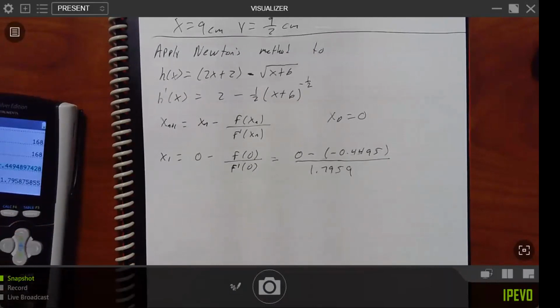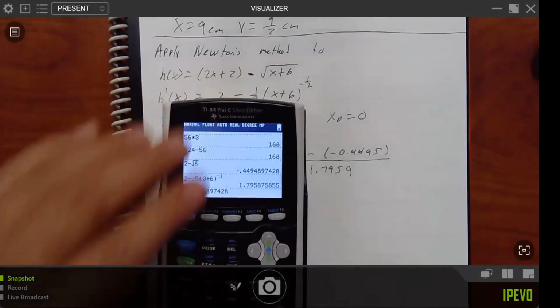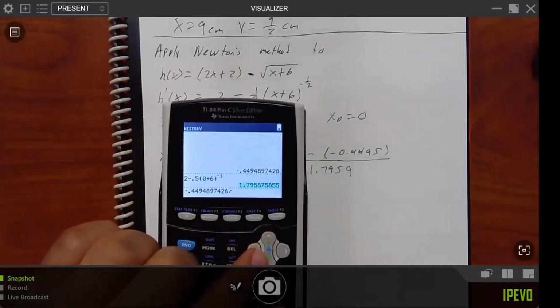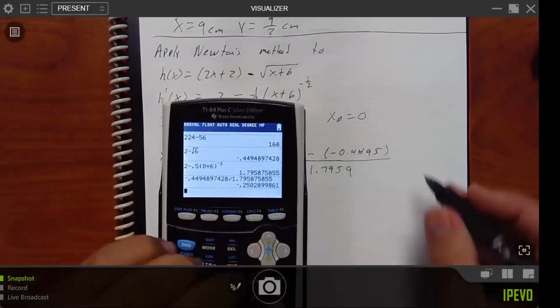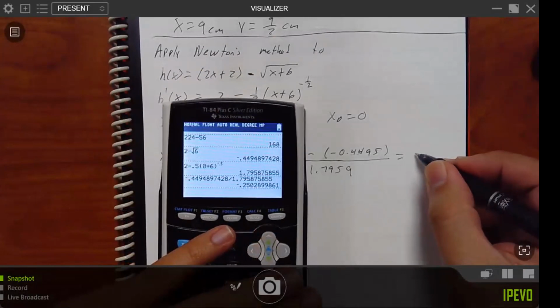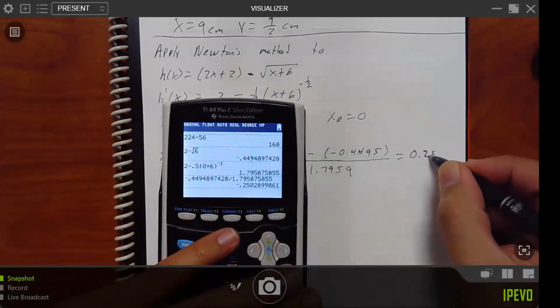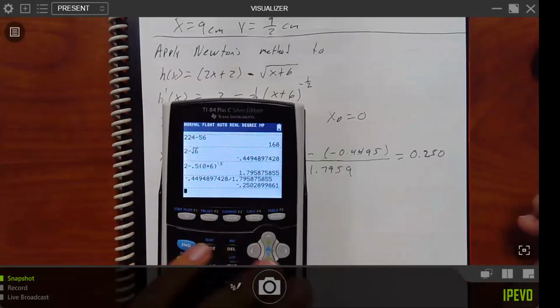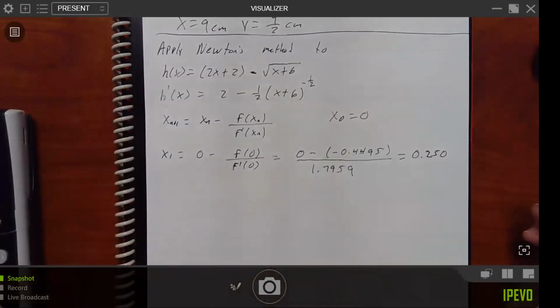So if I divide these in my calculator, should be about 0.250. Okay.